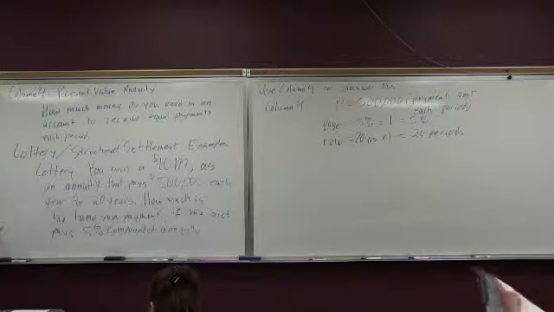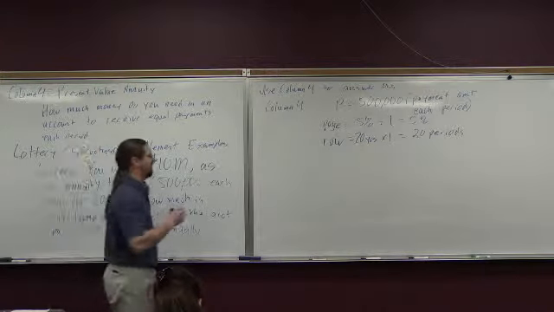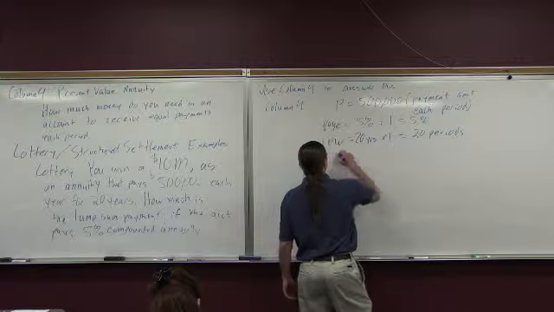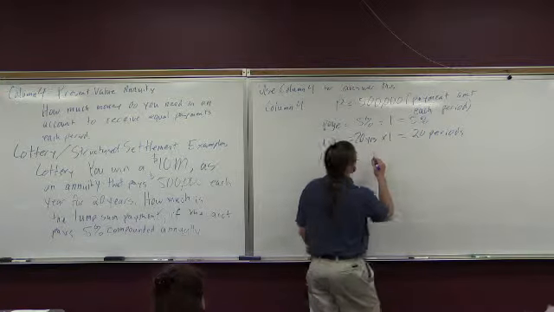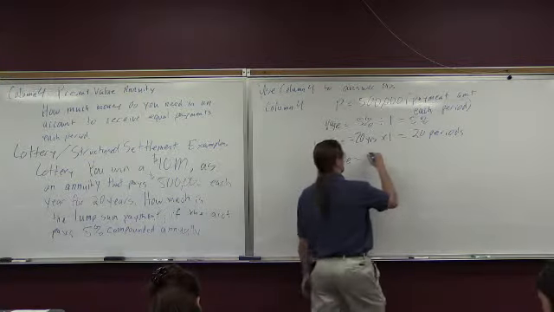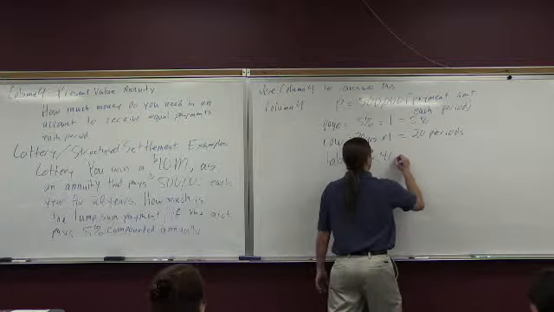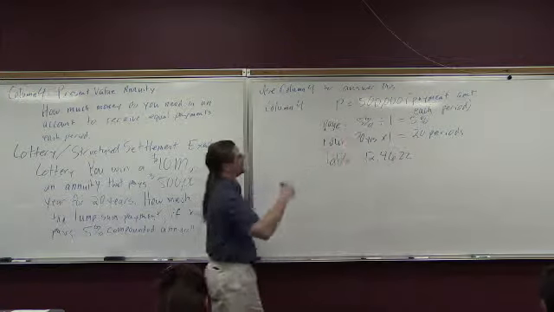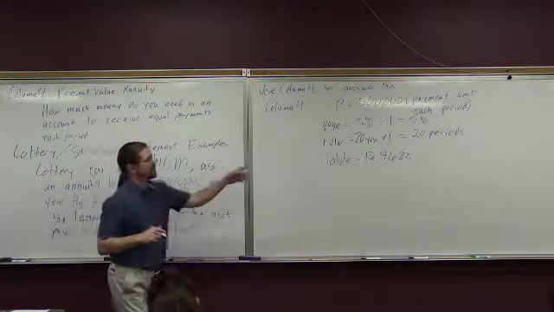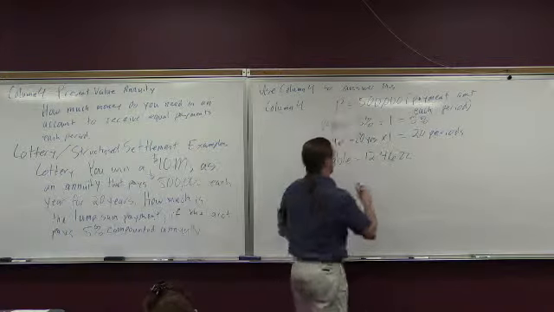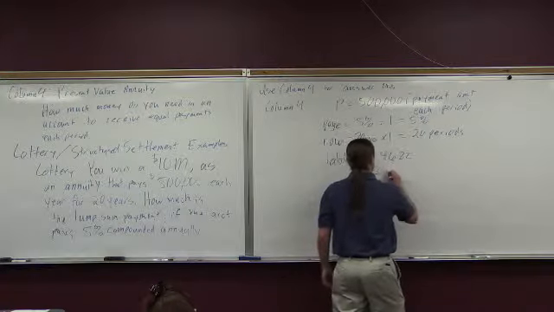Again, now that you've seen the pattern on how to use the table, this is not that uncommon of a problem to work with. You can tell me the table value: 5%, row 20, 12.4622, multiplied by your 500,000 bucks.